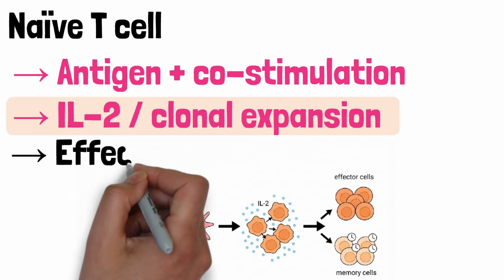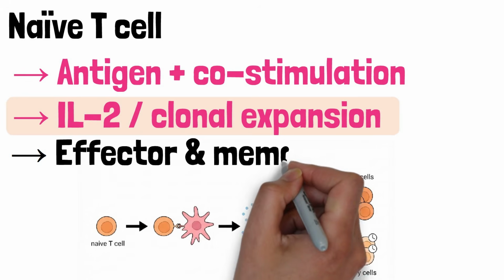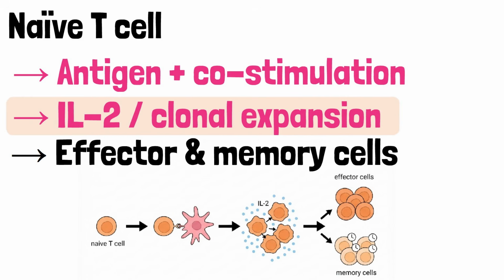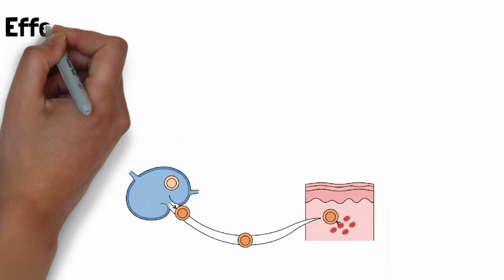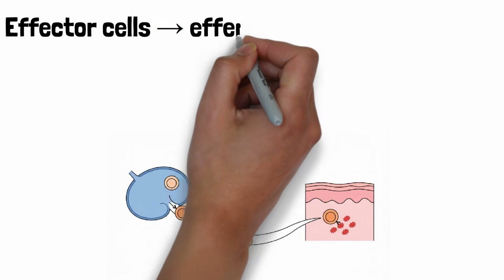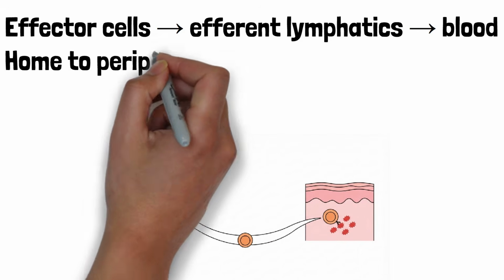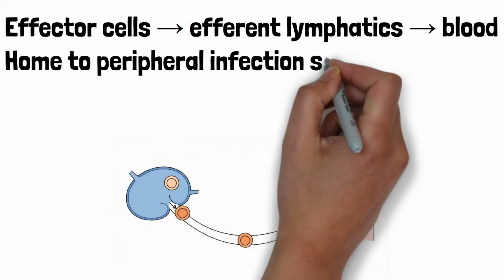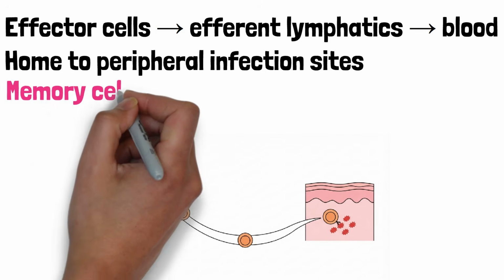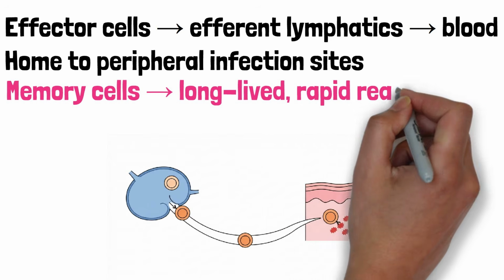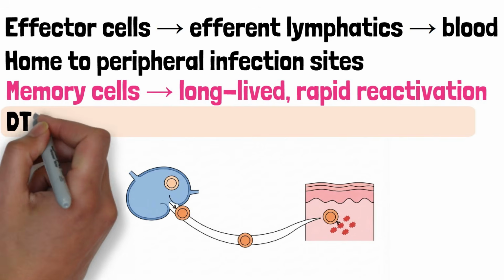That expansion produces two outputs: effector cells ready to fight now and memory cells ready to respond faster next time. Once they're made, effector lymphocytes leave the lymphoid tissue through the efferent lymphatics and the bloodstream, homing to wherever the infection actually is. Memory cells, meanwhile, stick around long-term and can be reactivated rapidly if you're re-exposed.